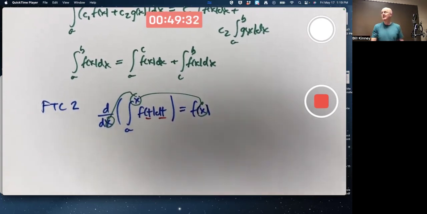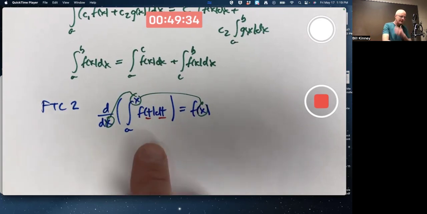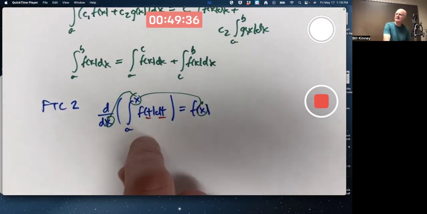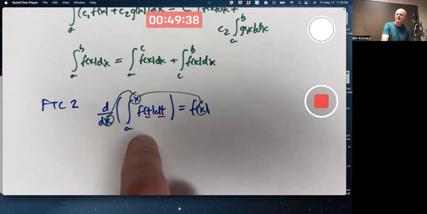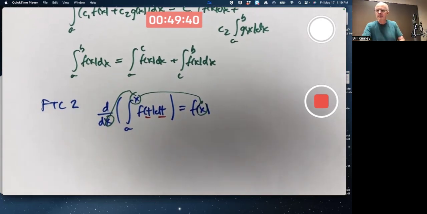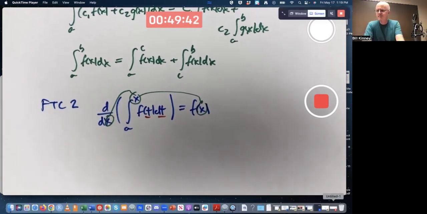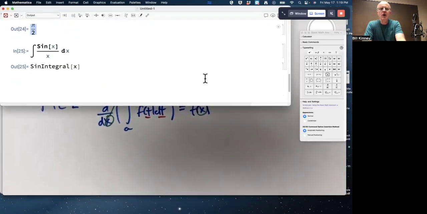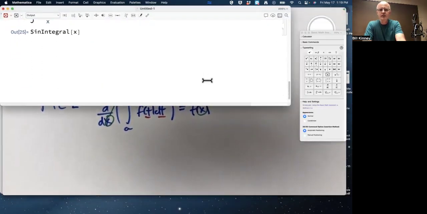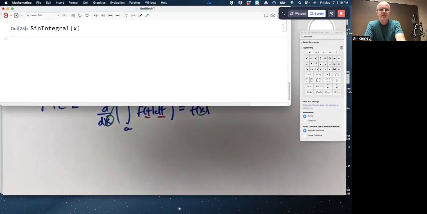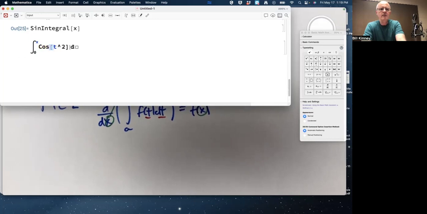This is important because it helps you construct, theoretically at least, antiderivatives of functions, even when you don't know what the integral is, even when you don't know an antiderivative. Like in Mathematica. What's the integral from 0 to x of cosine of t squared?